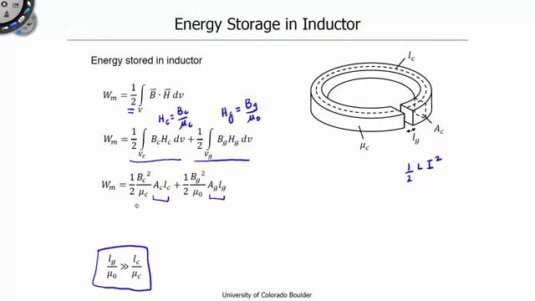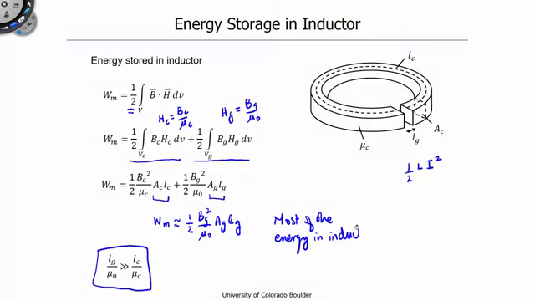Therefore, this first term, which is the energy stored in the core, is negligible relative to the second term, and we can simply say that the energy stored in the inductor is approximately equal to 1/2 Bg squared over mu naught Ag Lg, i.e. most of the energy in an inductor with an air gap is stored in the air gap.